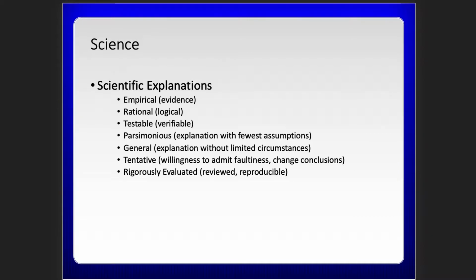But in terms of the limited circumstances, at least in this case, it needs to be able to be replicated throughout the general population for the most part. But again, there are going to be some instances where only a subset of the population, a very small percentage, may actually see that increase or decrease or whatever the change may be. But in general, it needs to be general.